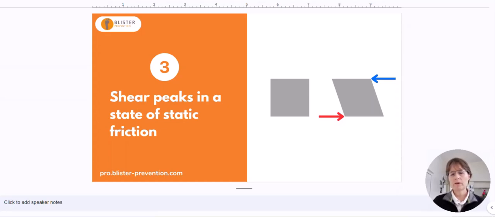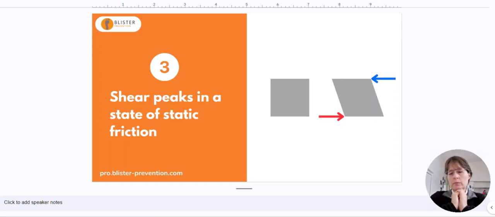So there's 2 ways to measure friction. The static coefficient of friction and the kinetic or the dynamic coefficient of friction. The highest is always the static coefficient of friction. So the higher the friction at the bottom of this box, the longer it stays stationary.